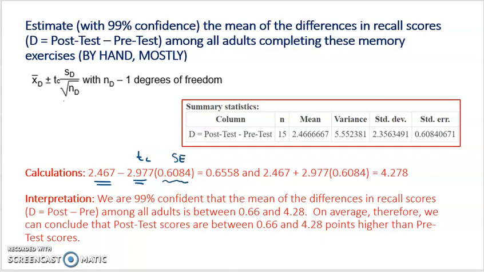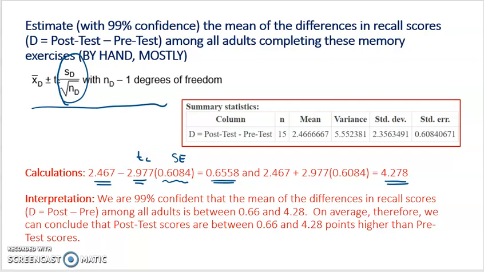Again, this whole portion right there is called the standard error. When I do these computations for the lower end and upper end, I get a lower end of 0.6558, an upper end of 4.278.